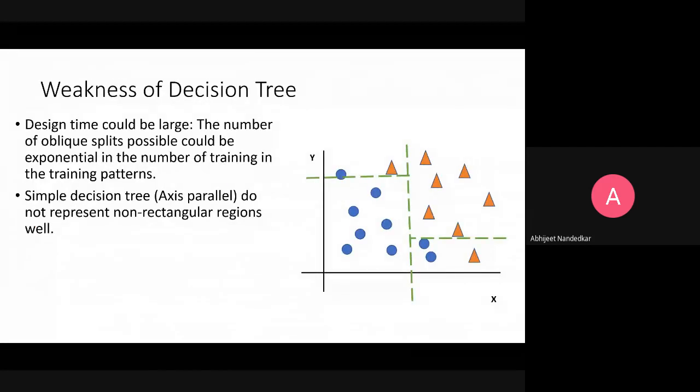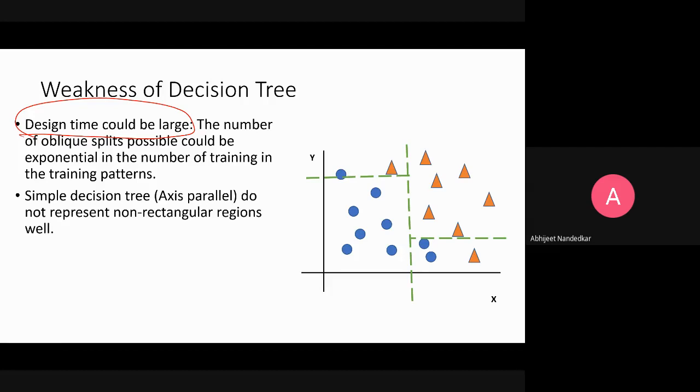So what are the weaknesses of decision tree? Design time would be large. The number of oblique splits possible would be exponential, depending on the number of training patterns. So if you have complicated kind of data, then this time may grow because you will have many branches and many possible testings and so on.